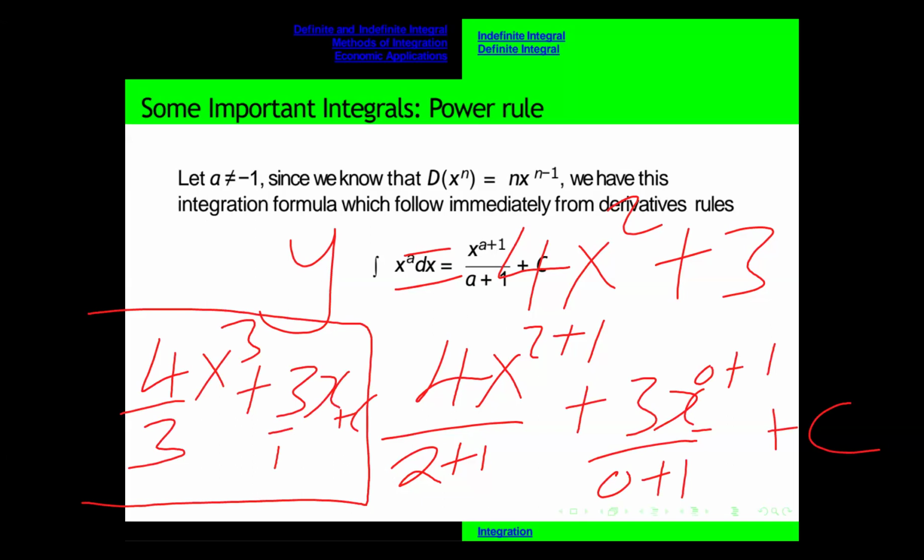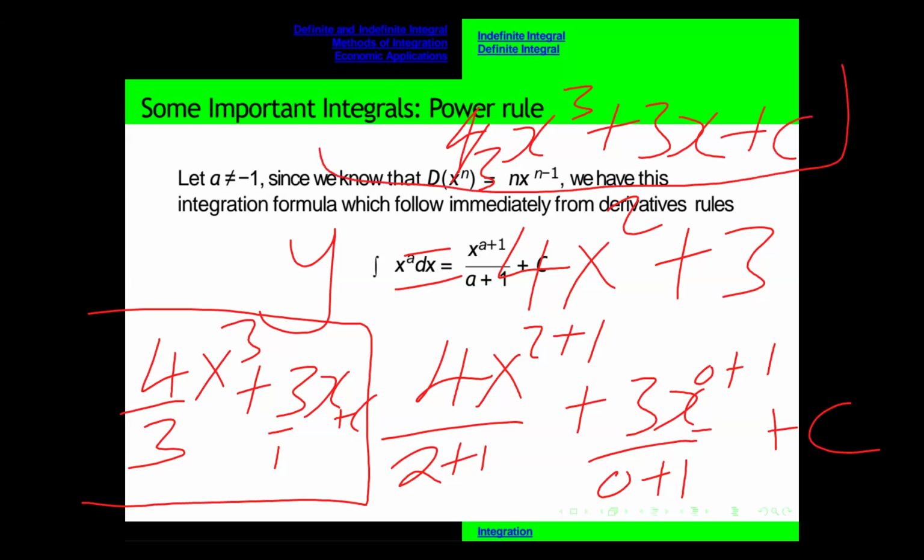Which is basically the same stuff. You could have 4 over 3 x cubed plus 3x plus c, like this, as the integral. You got it?